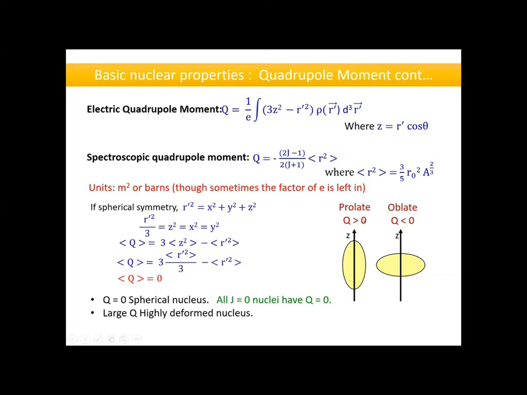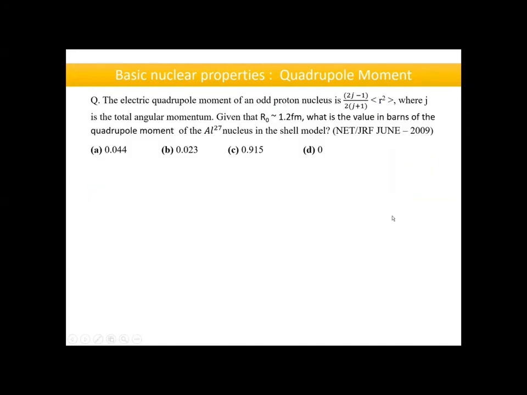For Q greater than 0 we have a prolate shape, and for Q less than 0 there is an oblate shape of the nucleus. A question was asked in the CSIR NET exam where they asked to calculate the quadrupole moment, in units of barn, of the aluminium-27 nucleus in the shell model.